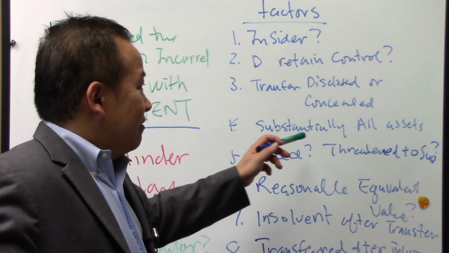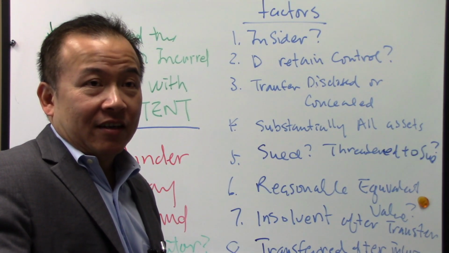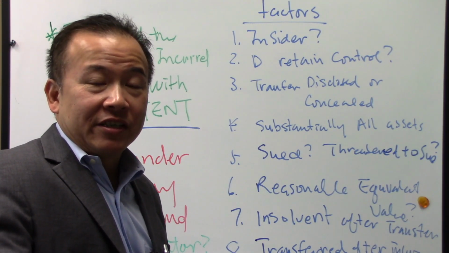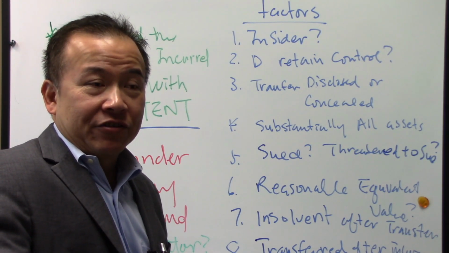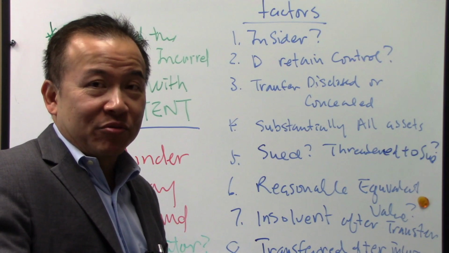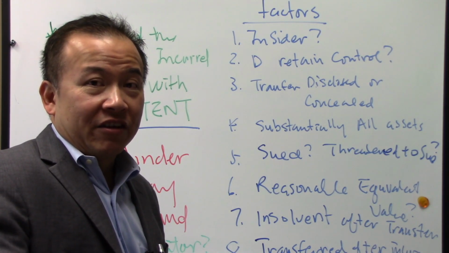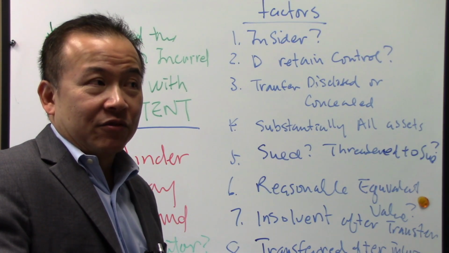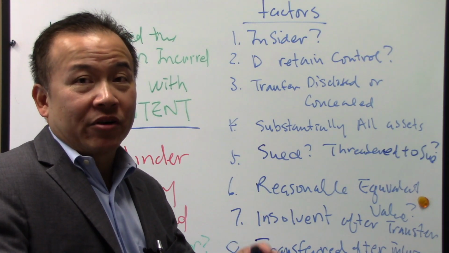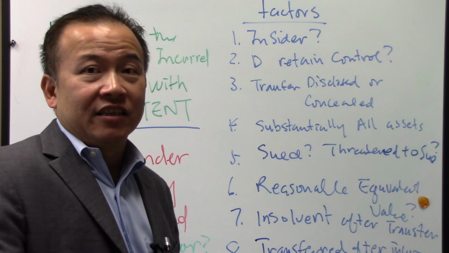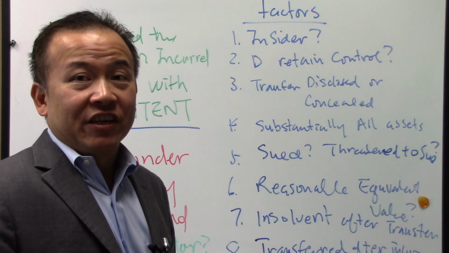Number 4: whether or not the debtor transferred all assets. If they own 10 properties and they transfer out all 10 after they have a judgment, then that's pretty clear. If the debtor only transfers 1 out of 10, for some reason he puts 1 on the market, well, he or she can say, I need the money to pay my living expenses.